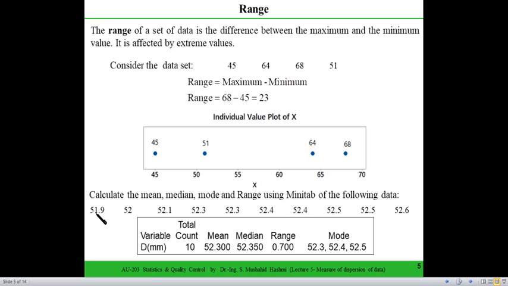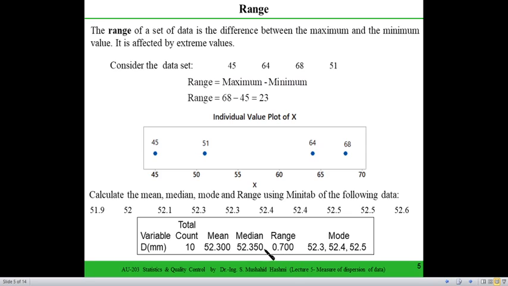The difference between the maximum value and the minimum value is called the range. Sorry, 52.5 is not the maximum value, 52.6 is the maximum value. So 52.6 minus 51.9 is its range. So 0.6 here, 0.1 here, so 0.7 is the range of this data set.